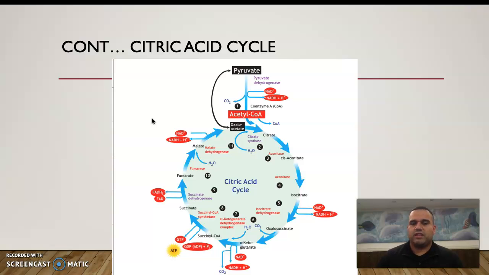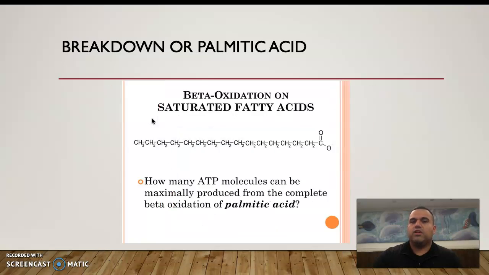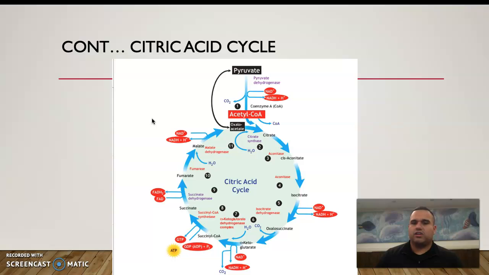And as you can see in this slide right here, pyruvate, when you go through the acetyl-CoA, basically that's going to get put into the Krebs cycle here, and you're going to go through 8 rounds of that, and that's going to yield you a large amount of ATP.